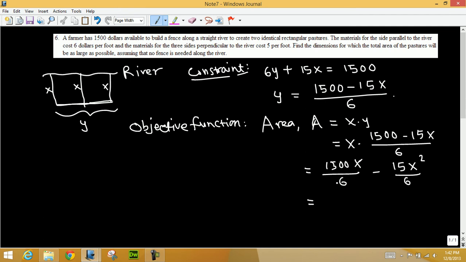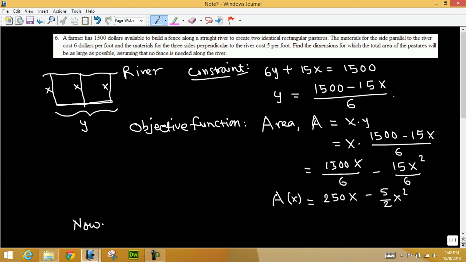If we simplify, 1,500 divided by 6, so half, 750, thirds 250. So this will be 250x, you can use a calculator, minus 5 times 3 times 5, 3 times 2, so 5 halves x squared. So that's the objective function, let's say A as a function of x.